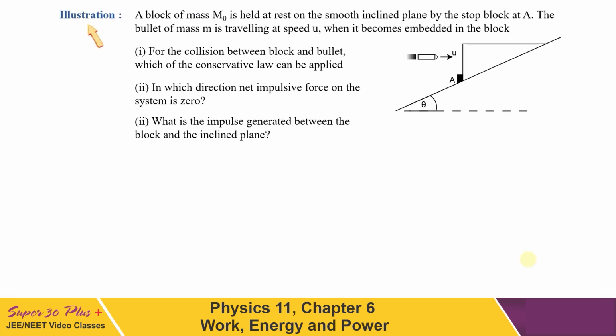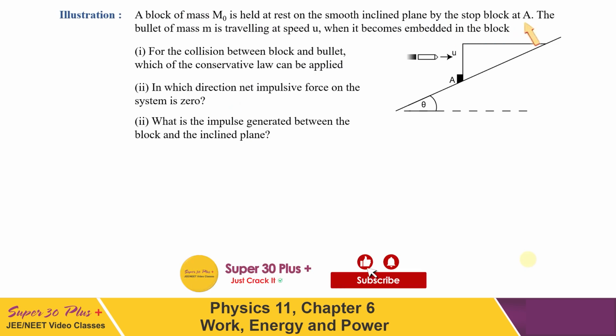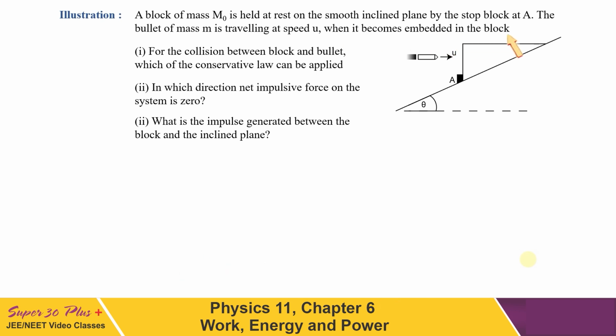One illustration I have taken here, in which a block of mass m0 is held at rest on the smooth inclined plane by the stop block at A. The bullet of mass m is traveling at speed u when it becomes embedded in the block. We have to solve a number of things. First, for collision between block and bullet, we have to write which conservation law can be applied.